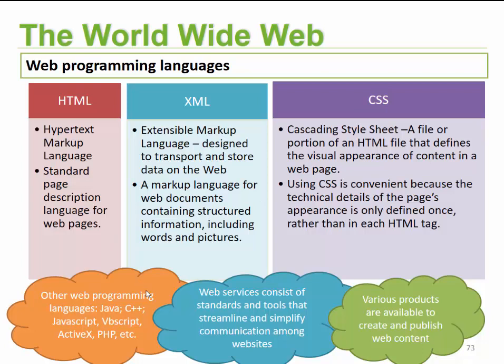Now there's various programming languages that we can use in order to create web pages or web content. Some of these include Java, C++, JavaScript, VBScript, ActiveX, PHP, etc. Then we need to talk about web services. Now web services are actually standards and tools that allow us to simplify communication amongst websites.